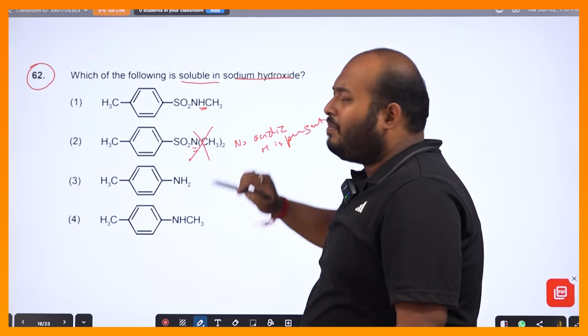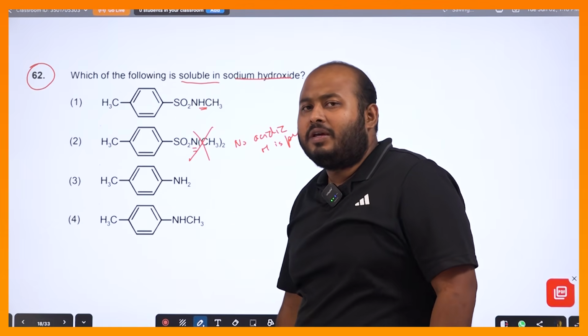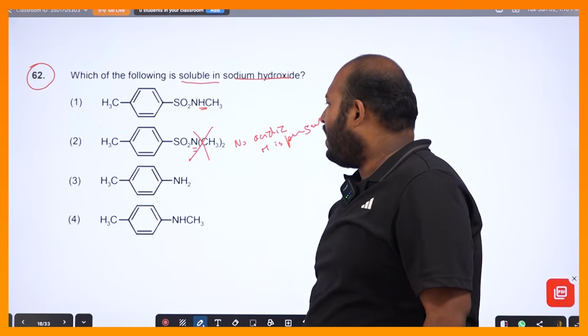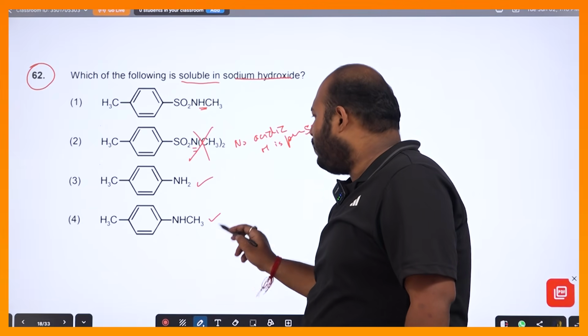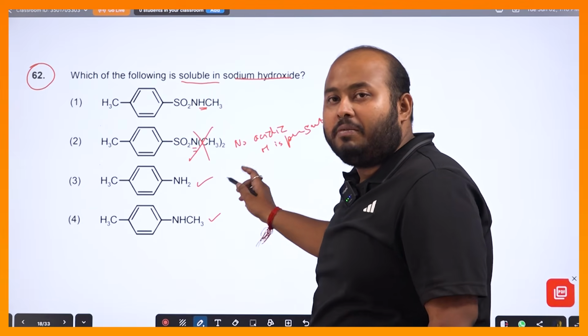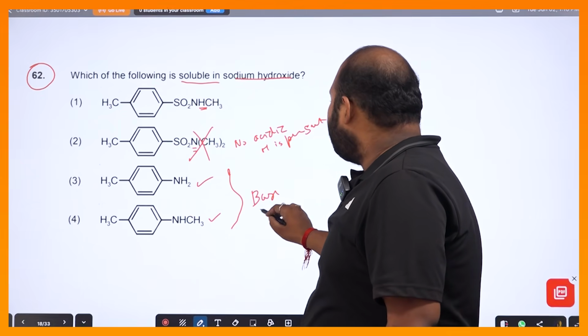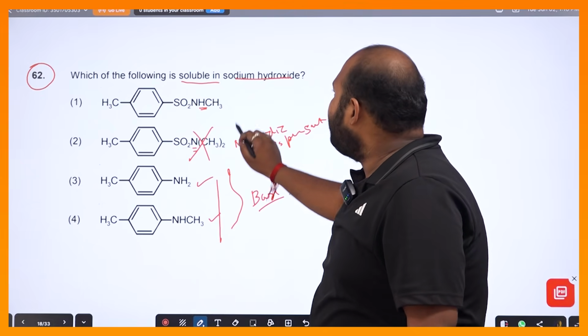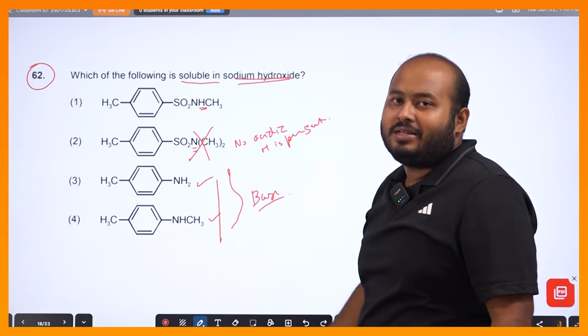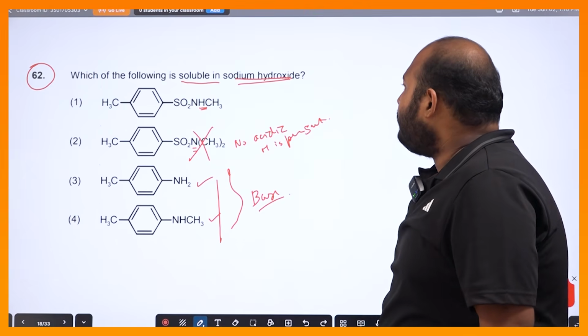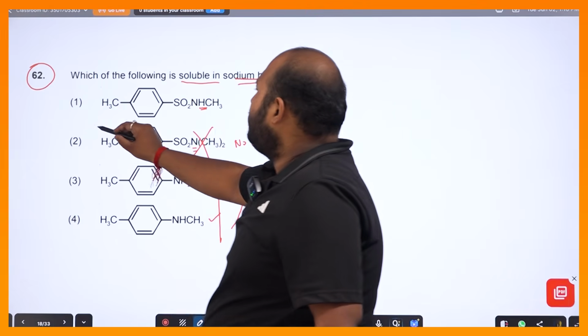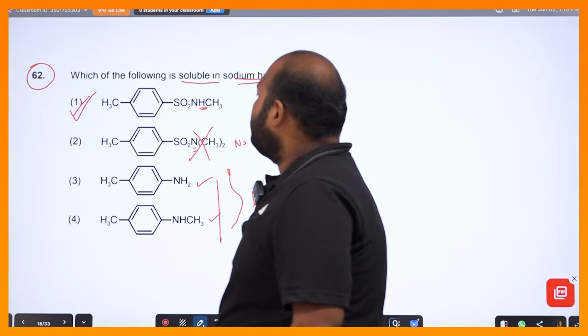So this cannot be soluble, and option 3 and option 4, you can see that both are bases. If they are bases, then they will not be soluble in base. So the correct option will be option 1.